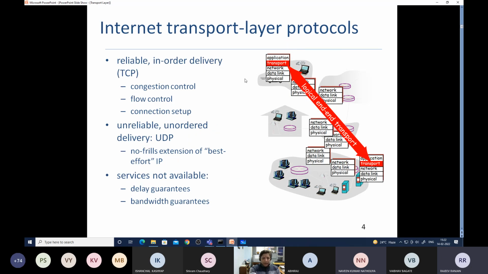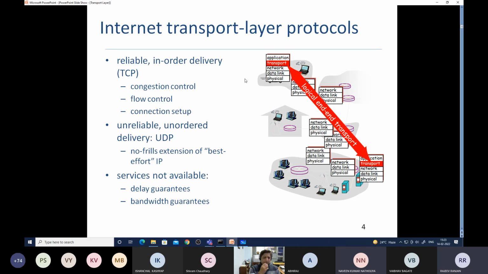TCP gives reliable in-order delivery, and it gives you congestion control, flow control, and connection setup. For reliable in-order delivery, it provides an illusion of a connection across the unreliable internet, and gives you congestion control and flow control in addition. To have TCP, we need a connection setup. A little bit of TCP connection setup we have already seen when we were looking at the HTTP protocol.